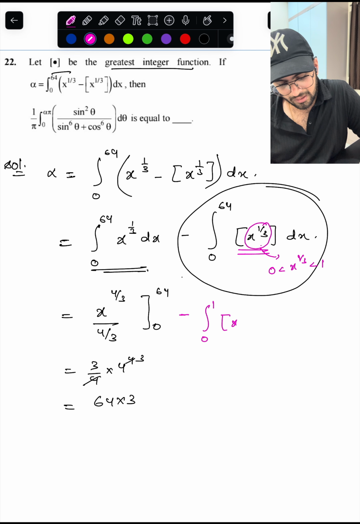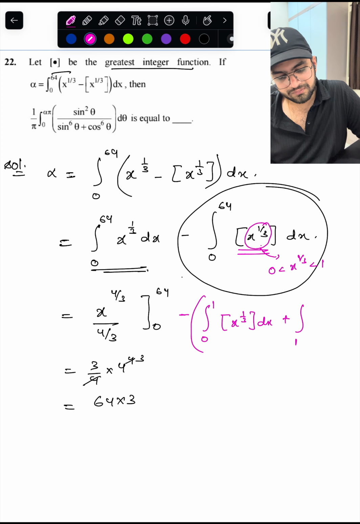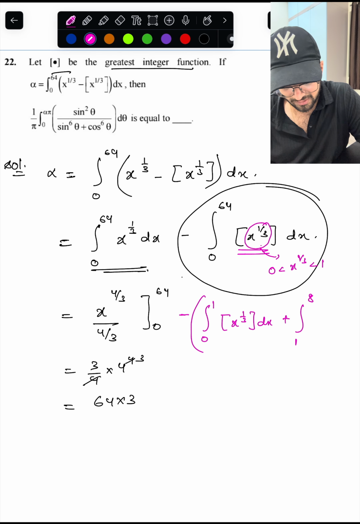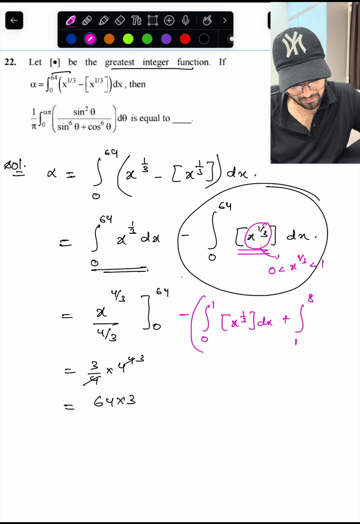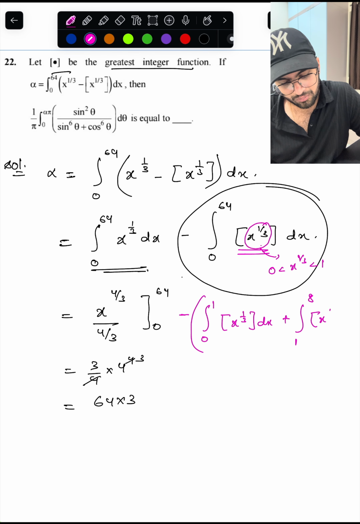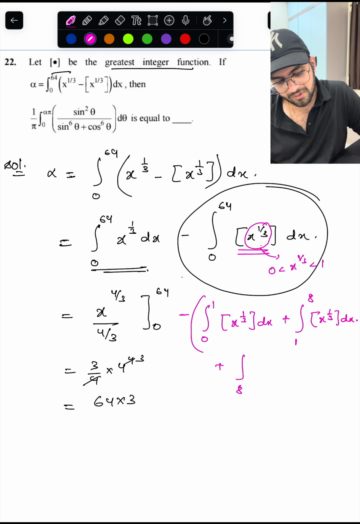Now I can break floor of x power 1 by 3 dx: plus from 1 to 8, since if x is 8, x power 1 by 3 is 2. Next, I will break from 8 to 27, floor of x power 1 by 3 dx.